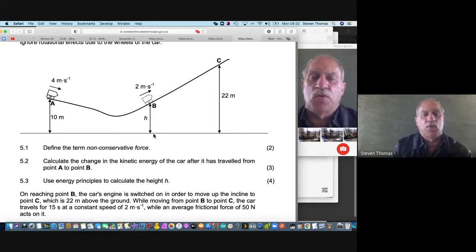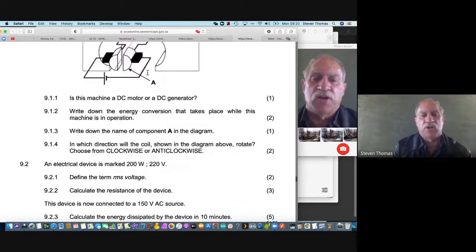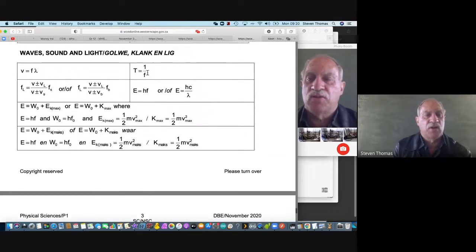So we're going to use something like, do they give us the friction? Yes, they give us this. So we're going to use one of those formulae that are associated with the work-energy theorem. And if they give us the friction, then let's look for those formulae on our data sheet. They give us the friction, so we must know where to find this.